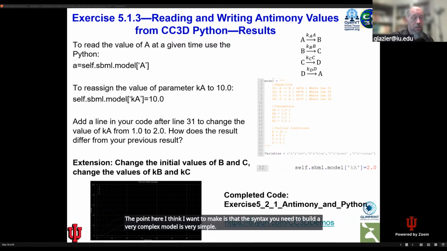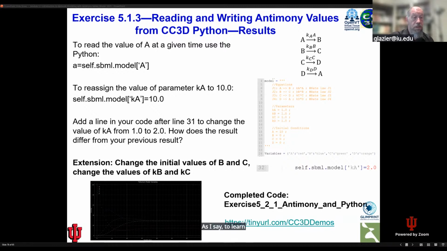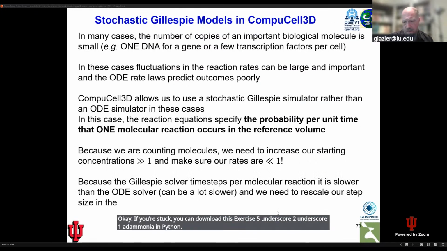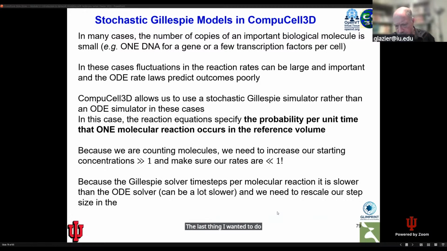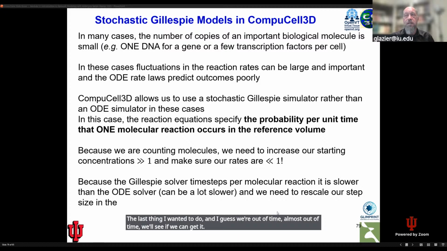As I say, to learn Antimony, you need to learn 5 concepts only. Everything about the language fits on one piece of paper, which I like. If you're stuck, you can download this exercise 5_2_1 Antimony in Python. The last thing I wanted to do, and I guess we're almost out of time, we'll see if we can get it, is Gillespie models.